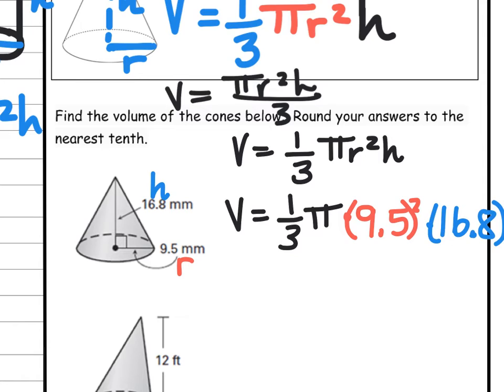Before you do anything, though, I would go ahead and figure out what is 9.5 squared. 90.25. You missed it. Is it 90.25? Okay. So let's rewrite it before we type it in. 1/3 times pi times 90.25 times 16.8.